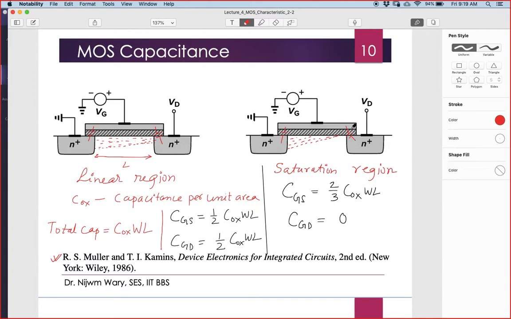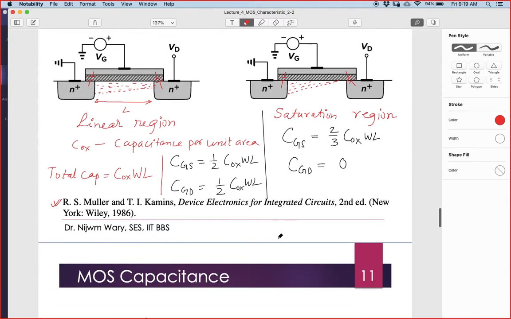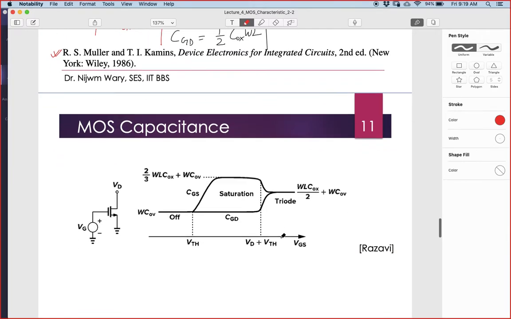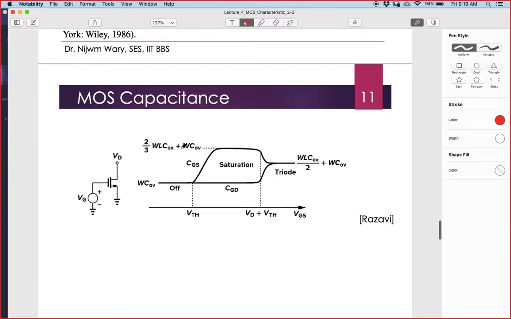So as I mentioned, this overlap capacitance will always be there, but then CGS will be 2/3 of COX WL and CGD will be 0. Now if I see the overall capacitance profile, this is how it will look.